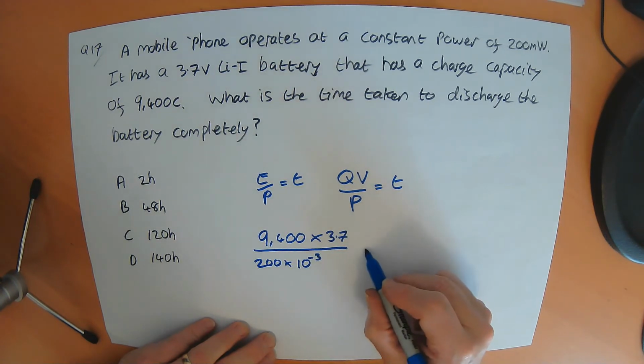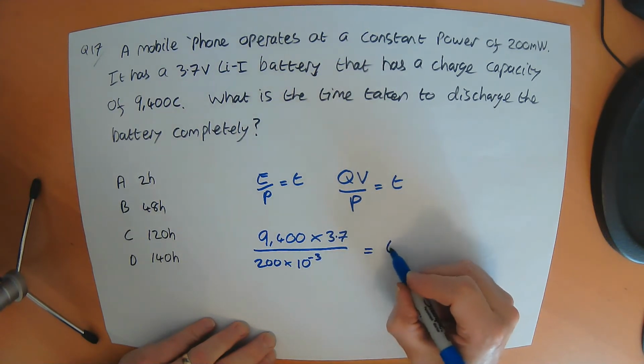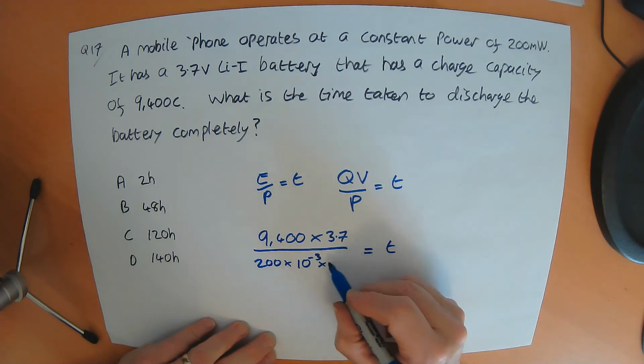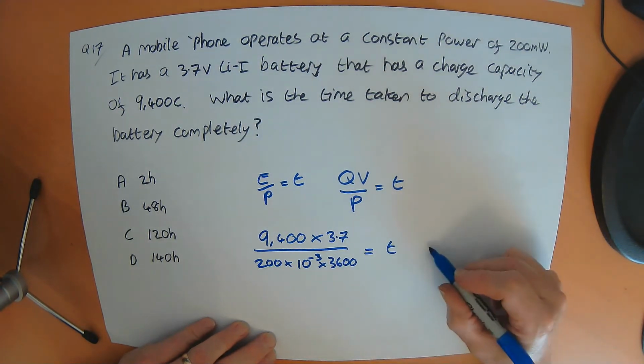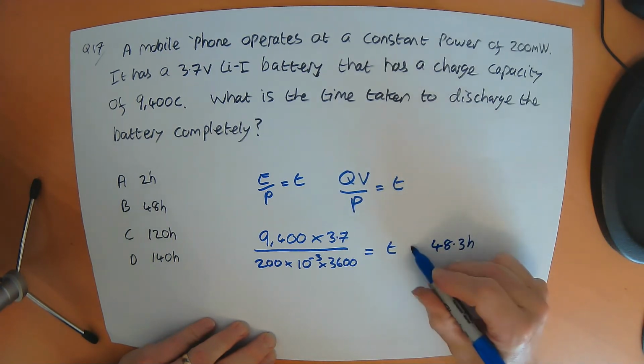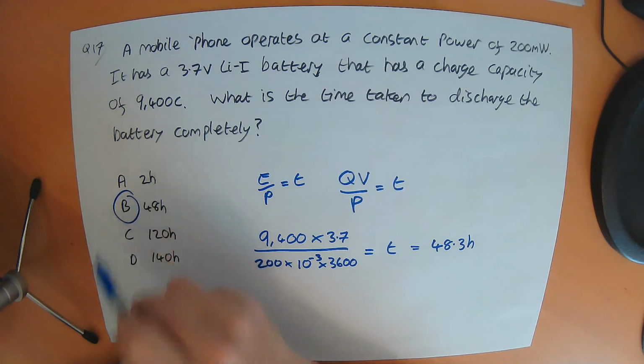Now that would give us the time in seconds, but since we want the time in hours, I'm going to divide that by 3,600. If I do that, I get 48.3 hours, which is B.